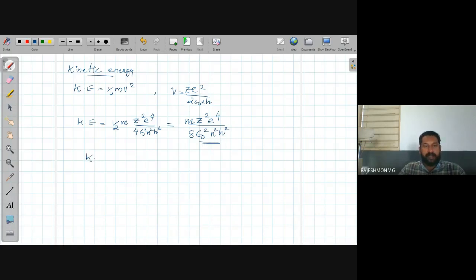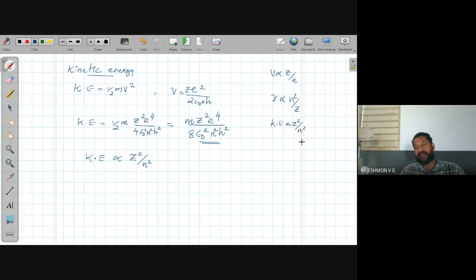So I can write kinetic energy as proportional to Z square by n square. Kinetic energy is proportional to Z square by n square. So we have velocity proportional to Z by n, radius proportional to n square by Z, and now kinetic energy proportional to Z square by n square.